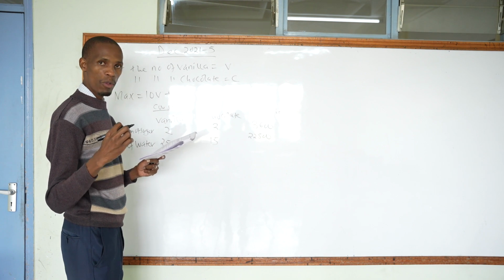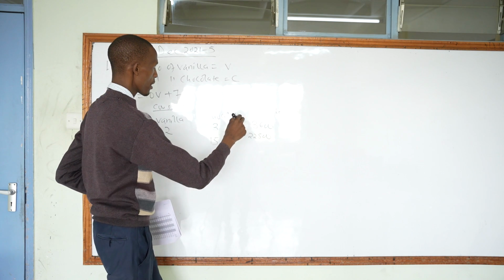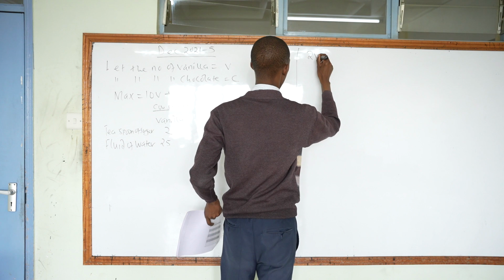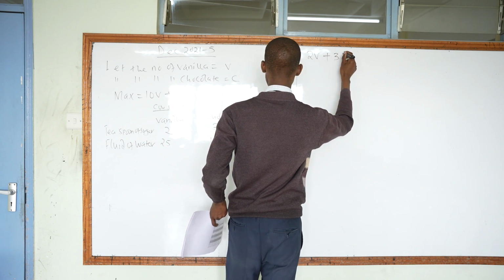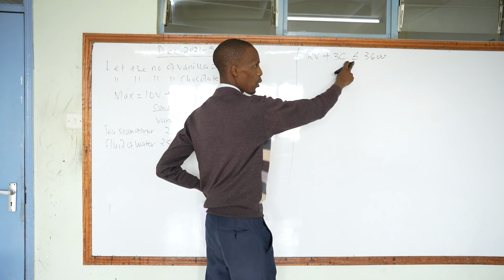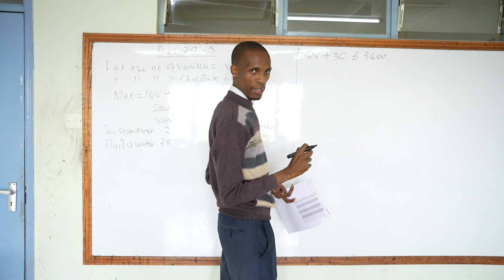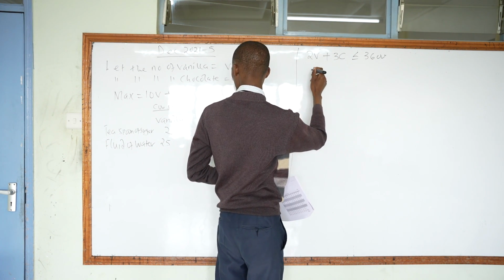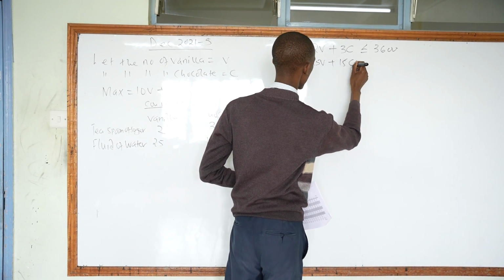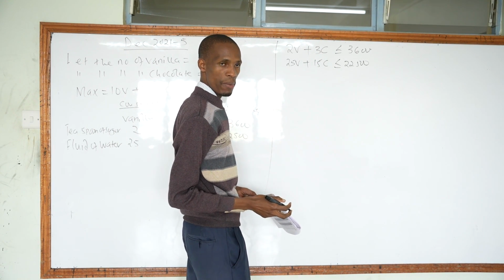So to formulate this, for sugar it will be 2V plus 3C, and we use the less-than-or-equal inequality. Why? Because we are told the available is 600, and you cannot exceed that. The other one is water: 25V plus 15C. The available is 22,500, and you cannot exceed that.